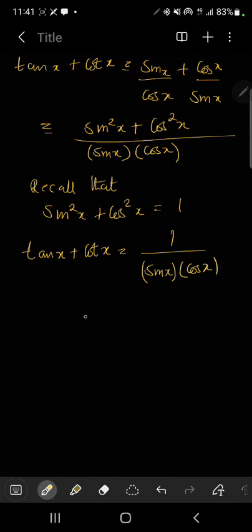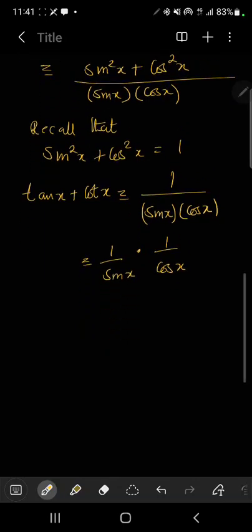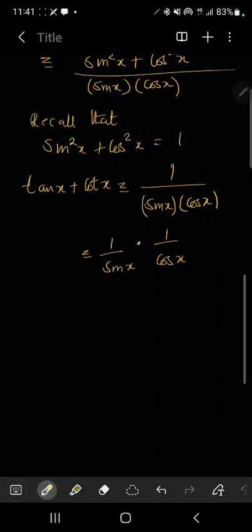Fractions permit us to do this. We can say 1 over sine x multiplied by 1 over cos x. Fractions permit us in doing that.